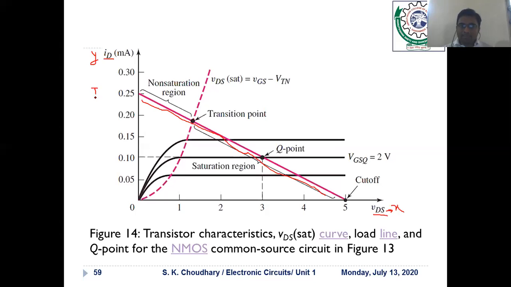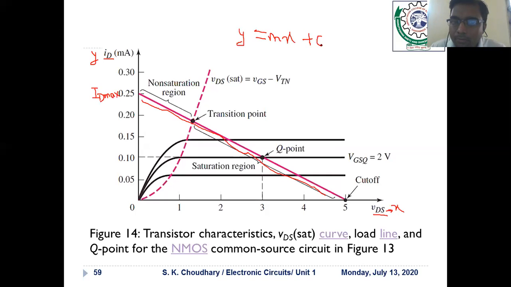For that purpose, we are required to define the y-axis maximum value, that is called the ID maximum. How to define ID maximum? Can anyone give me the idea? In the equation y is equal to mx plus c, how do we define the y max? Here y is nothing but ID.